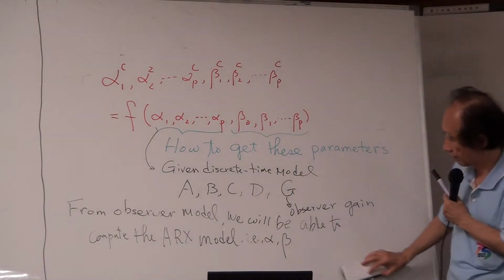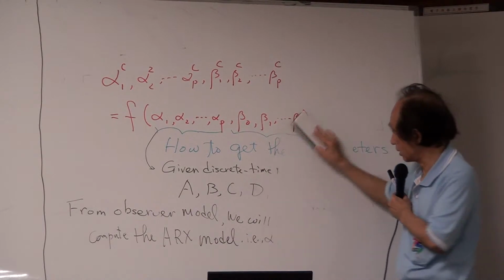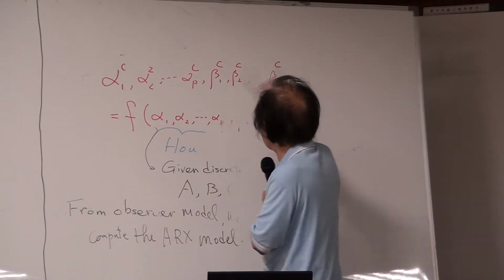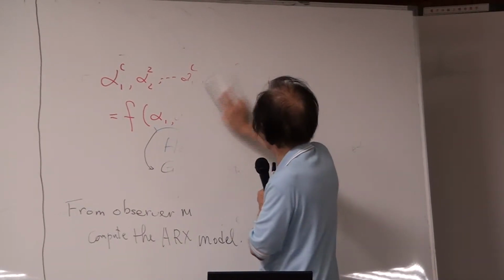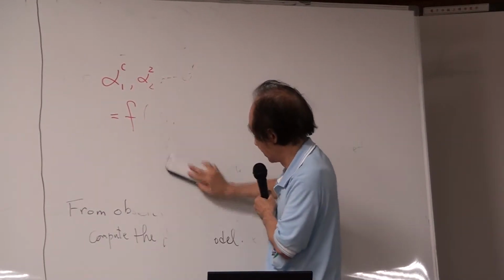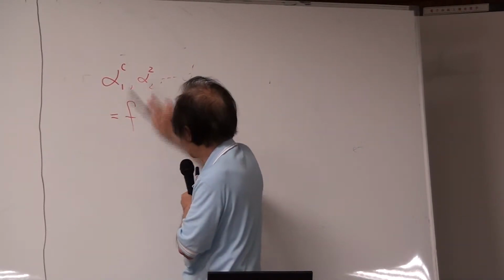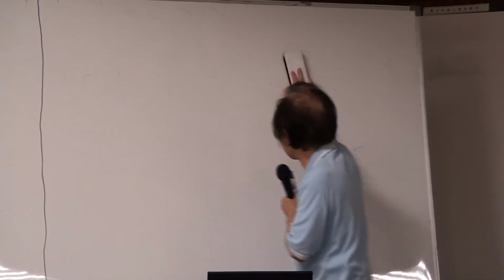Okay? Now what is the dimension of Y? Anybody tell me what is the dimension of Y? Assume my measurement device, I have only one measurement device. Then what is the dimension of Y?